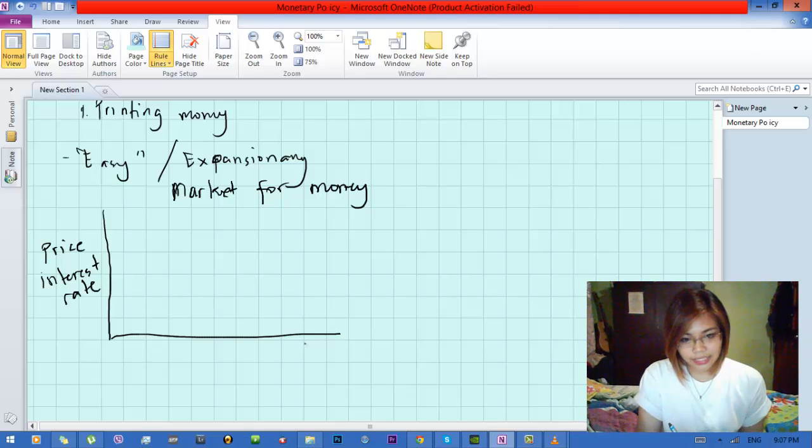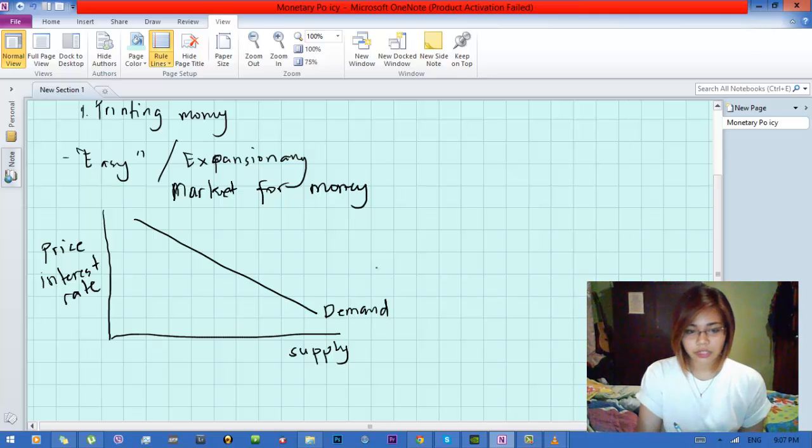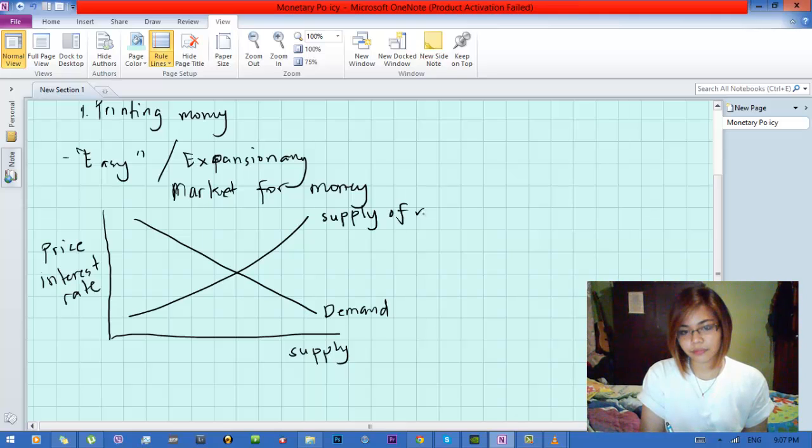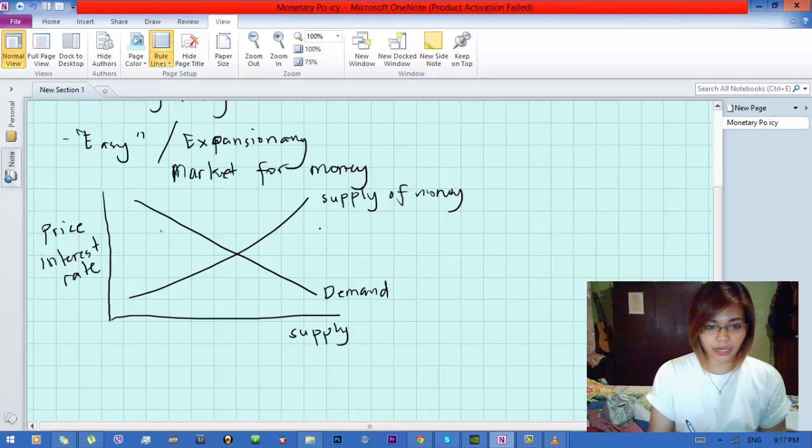And on the x-axis we have our supply of money, and then we have our demand for money, and we have our supply curve, supply of money. And now you see here we have a clearing interest rate or an equilibrium price for money, which is at, say for example, 6%. That is our current interest rate.